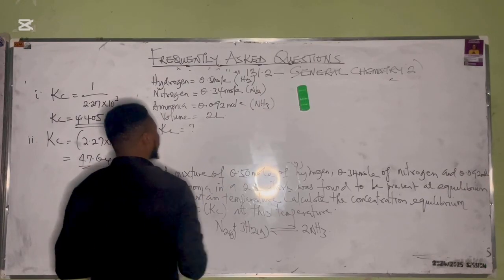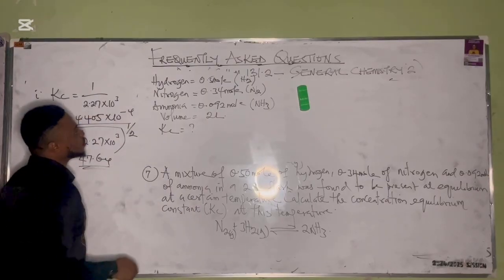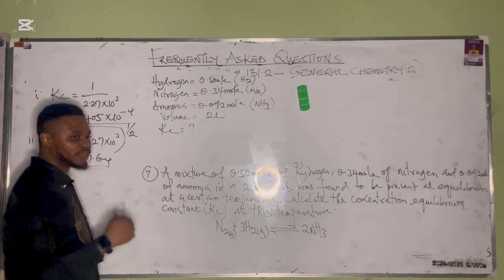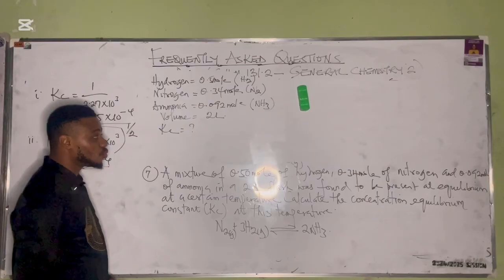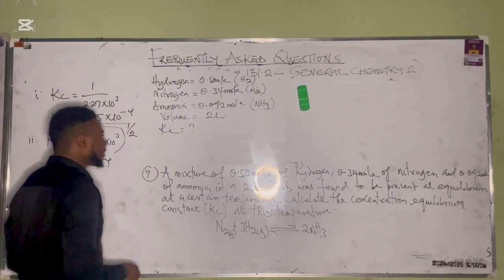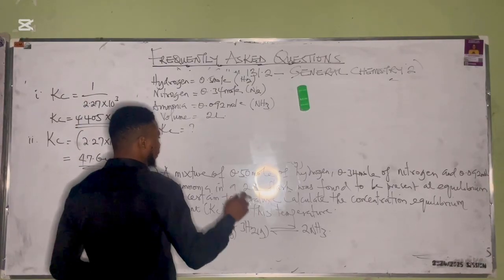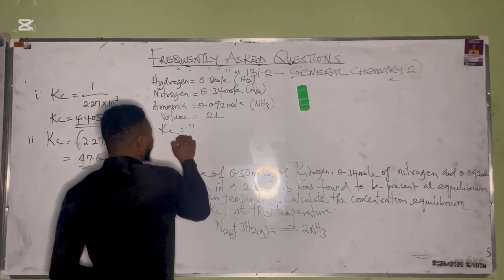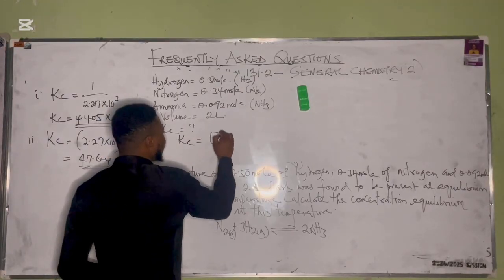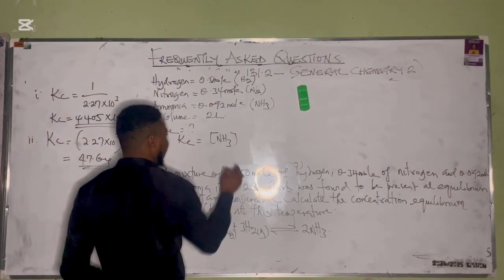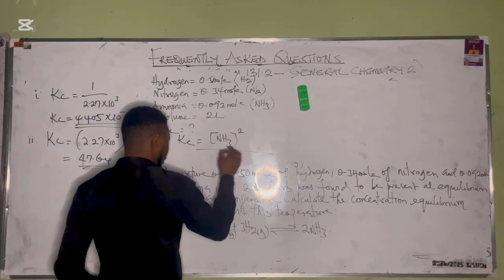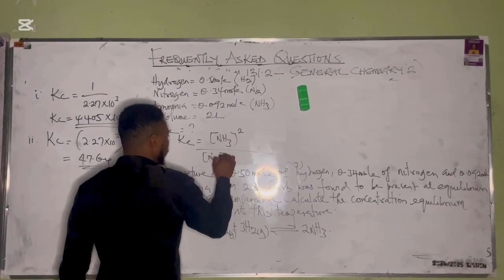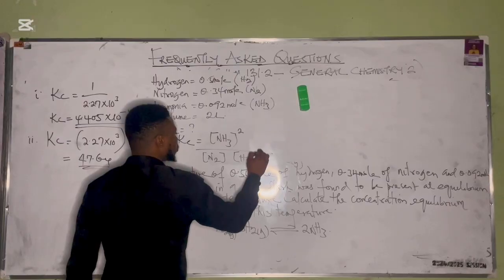So we are given the number of moles for each of them. Now it's important to note that for us to get Kc, the expression will be Kc equals NH3, remember it is product over reactant, NH3 all over N2, then H2 raised to power 3.